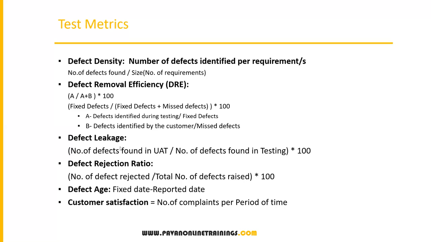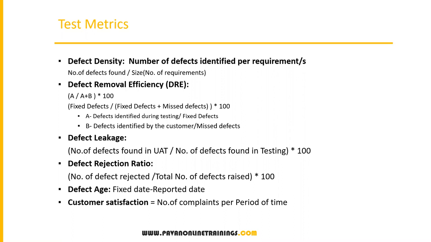And then defect leakage. What is a defect leakage? Sometimes there are underlying defects which we cannot identify. Those defects will come after using the software for 1 month, 2 months, 3 months. Those types of defects are called defect leakage, underlying defects.